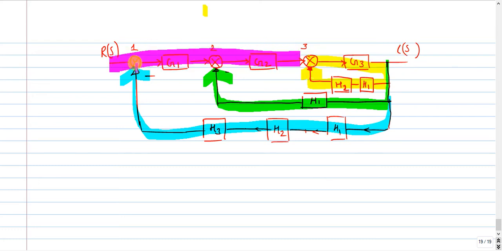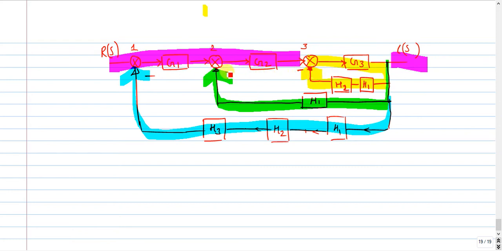So in total we have three minor loops we need to reduce step by step. If I consider this, just apply the formula, and the signs are all negative.